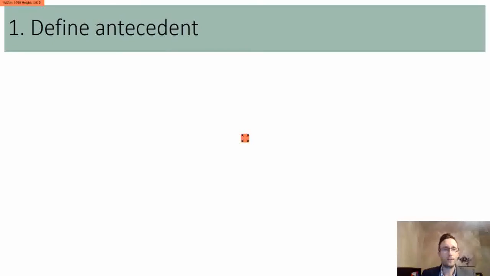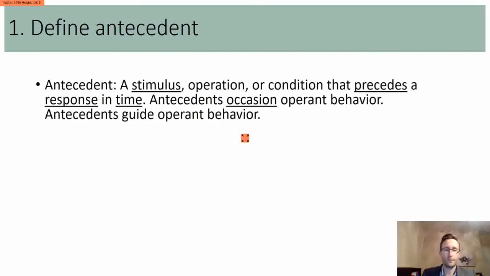Objective number 1 is define antecedent. An antecedent is a stimulus, operation, or condition that precedes a response in time. Antecedents occasion operant behavior. That is, antecedents guide operant behavior.